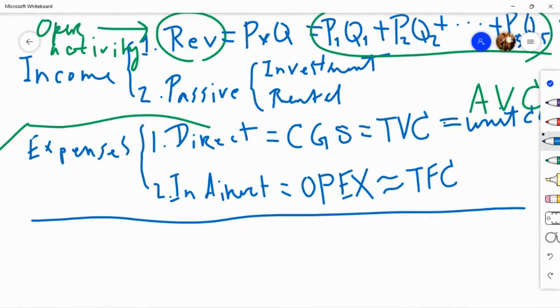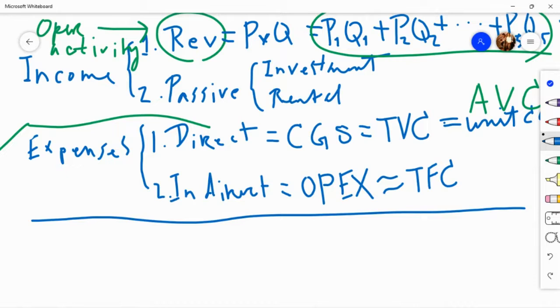And then expenses also come from two major components, direct cost and indirect cost. We talked about what direct cost is. It's called direct cost because it's the cost of the factors of production, right?